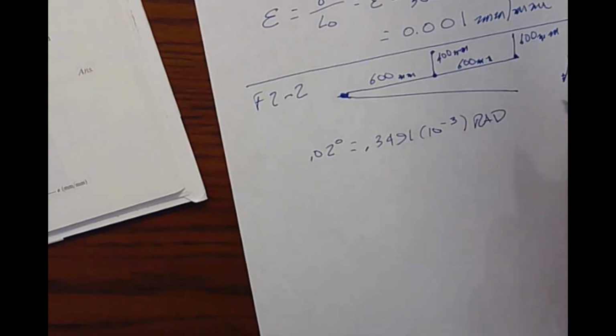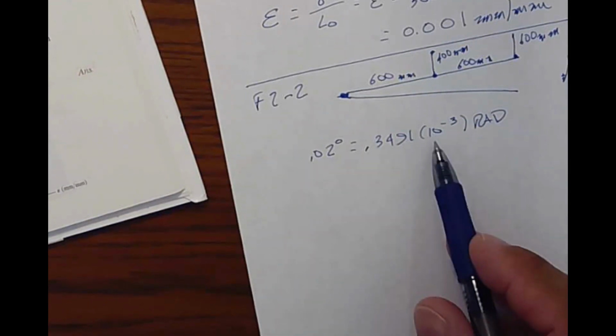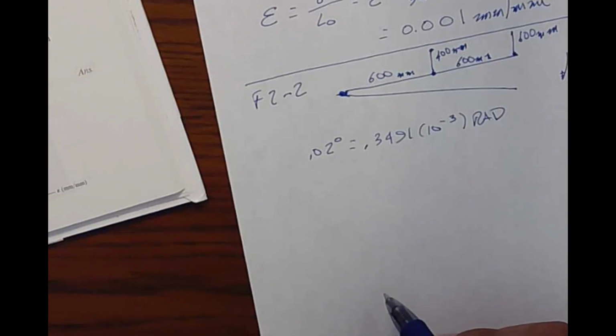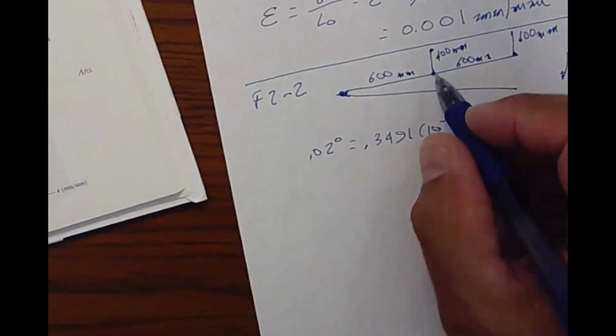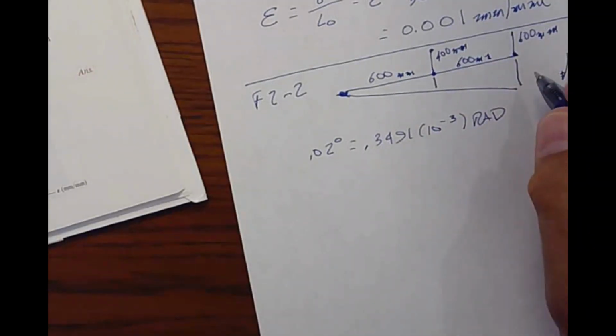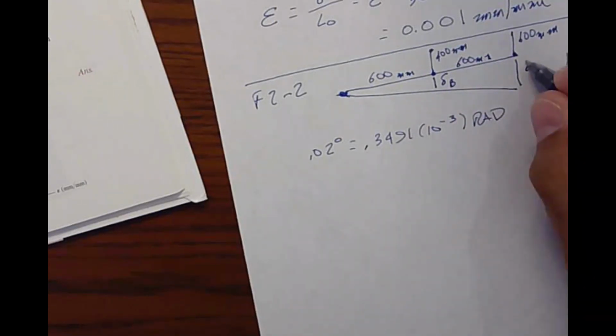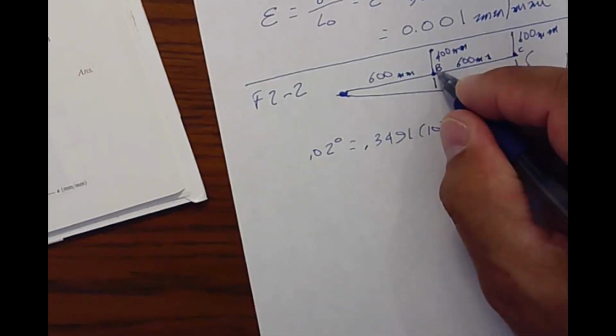And you can do that either by ratio or calculation or use your calculator or whatever. But 0.02 degrees is not many radians. Okay, so now we want this deflection here and this deflection here. And we're going to call this delta B, and we're going to call this delta C, because that's C and that's B.